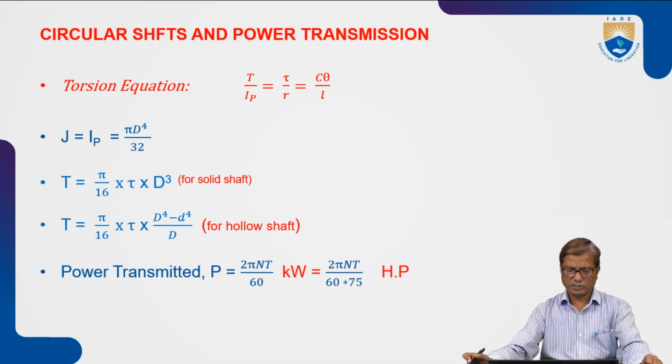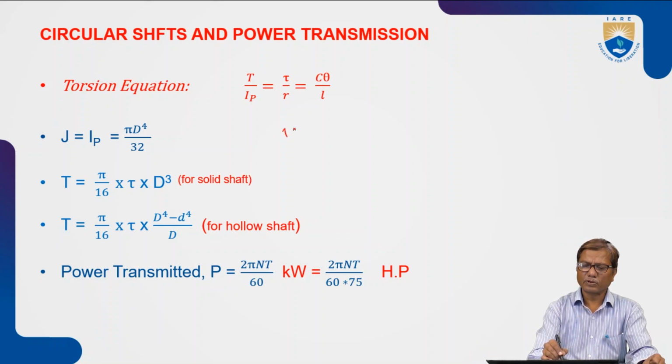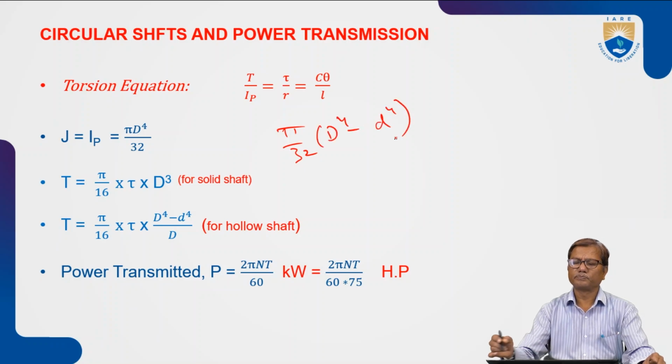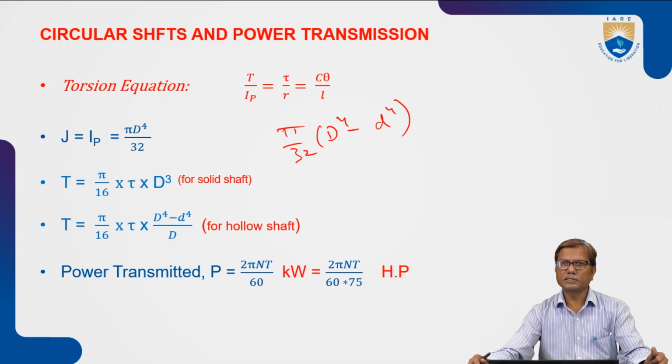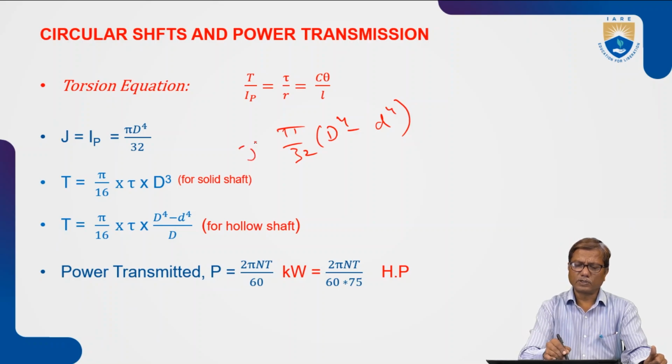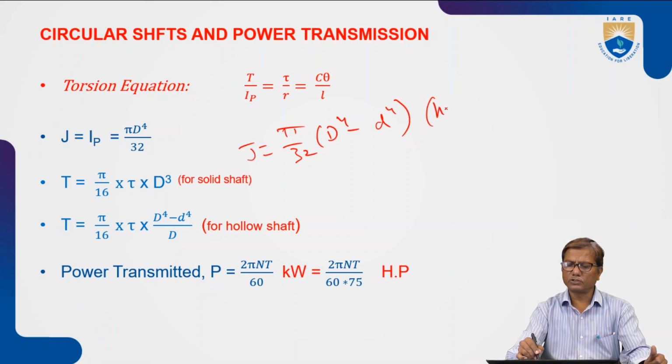And for hollow shaft, it is pi by 32 into D power 4 minus d power 4, where capital D is the external diameter and small d is the internal diameter. This is for hollow shaft.